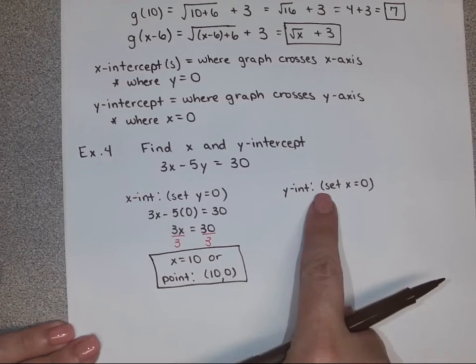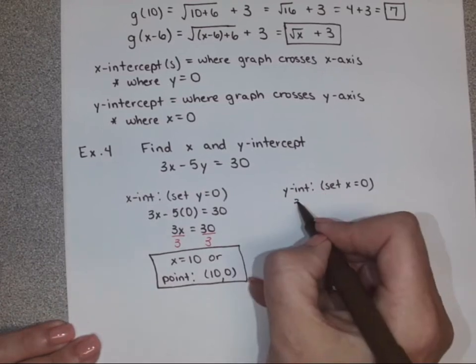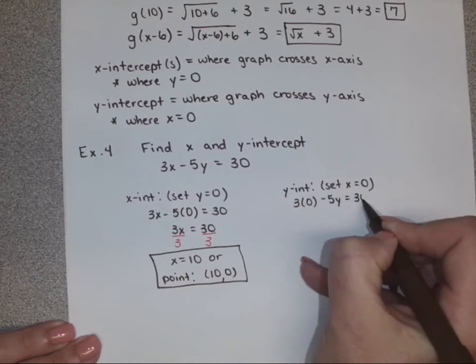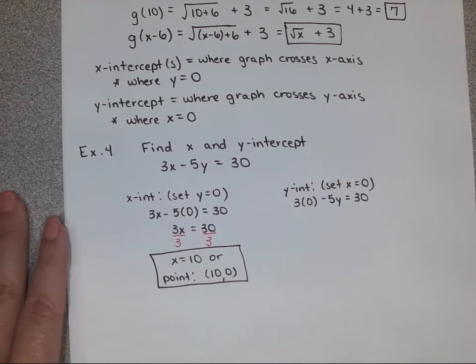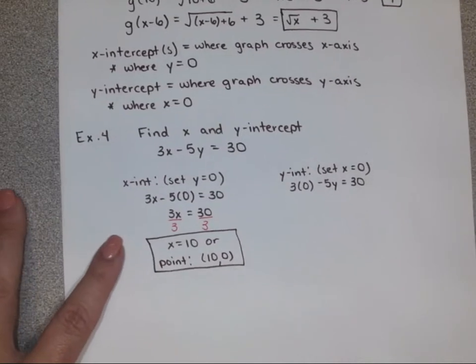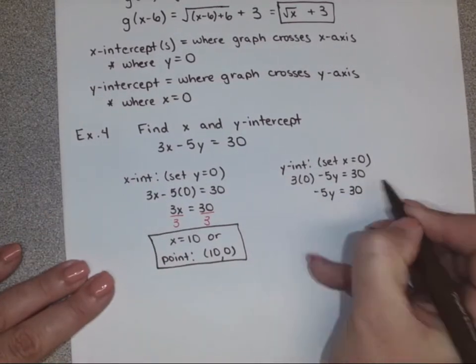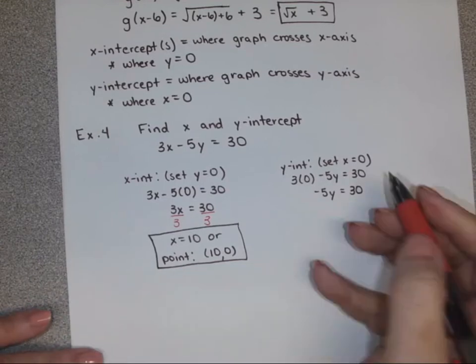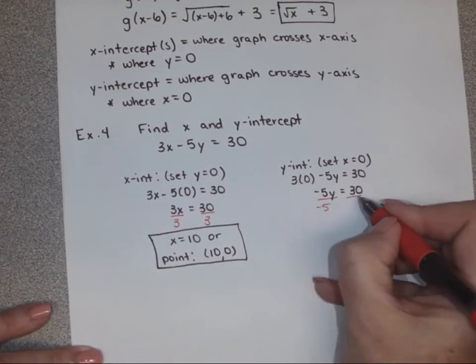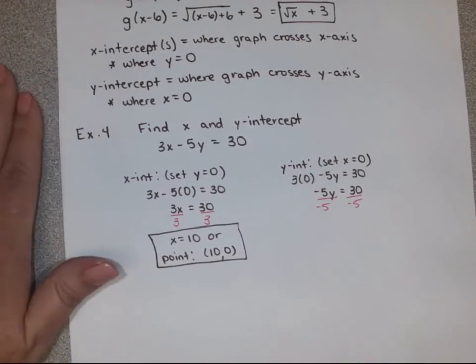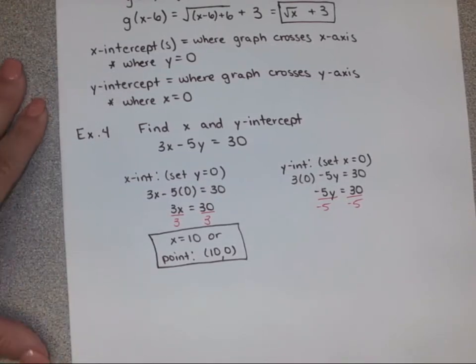So let's do the same thing here. Now let's set x equal to 0. So 3 times 0 minus 5y equals 30. So once again, what happens to anything times 0? It goes to 0, right? So we get negative 5y equals 30. And then what? Divide by negative 5, good. Okay, be careful of your signs, because a positive 30 divided by a negative 5 should be a what kind of answer?